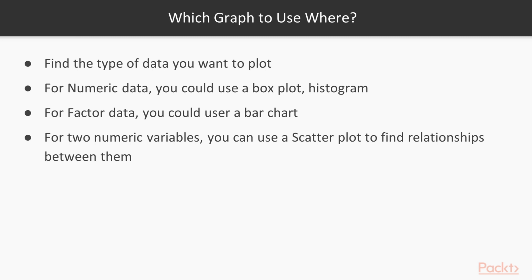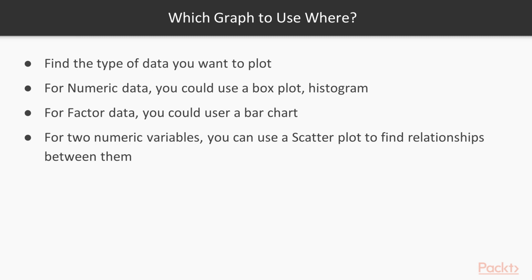It's really simple to decide which graph to use depending on the data that you have. First, we learned from the previous video that there are three kinds of data types. You have numeric, you have factor, and you have string variable. Now, for numeric data, you could use a box plot or a histogram. Why?